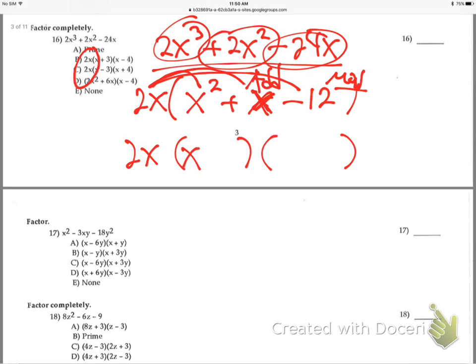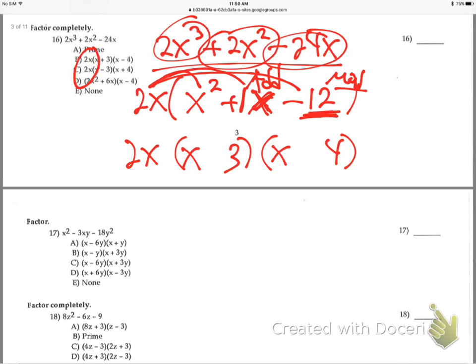Right, put the x's in the front and say, okay, what times what multiplies to be 12? 3 and 4, or 2 and 6. What do they have to add to be? What number's in the middle? Positive 1. Now remember how the signs go? The sign that's in the middle is really important. It'll help you a lot on today's test.